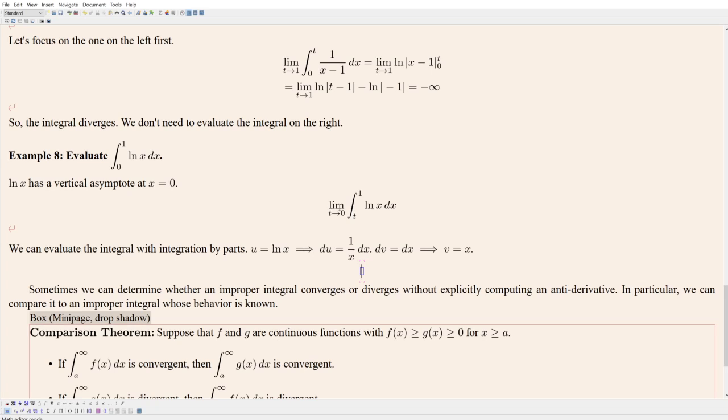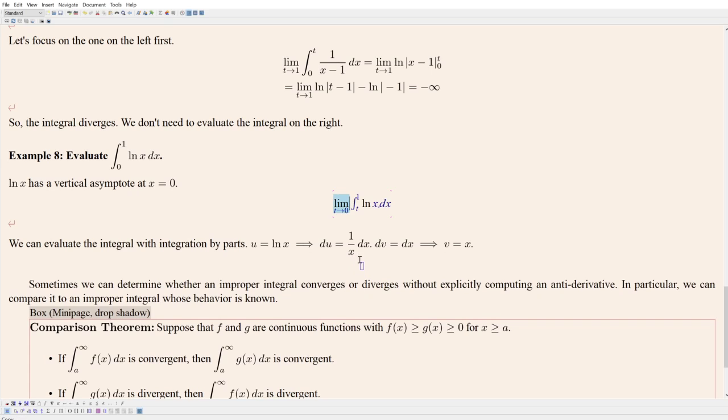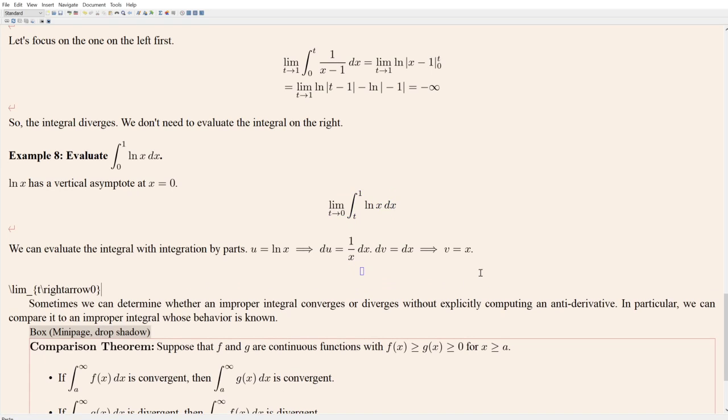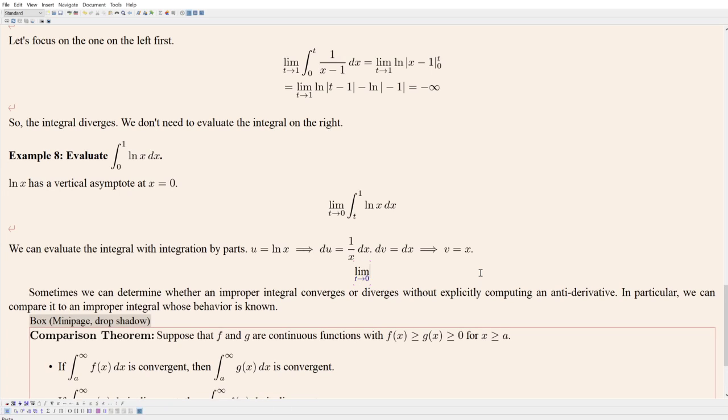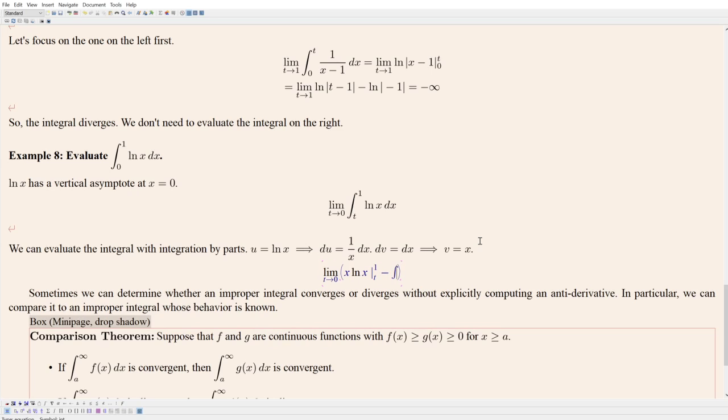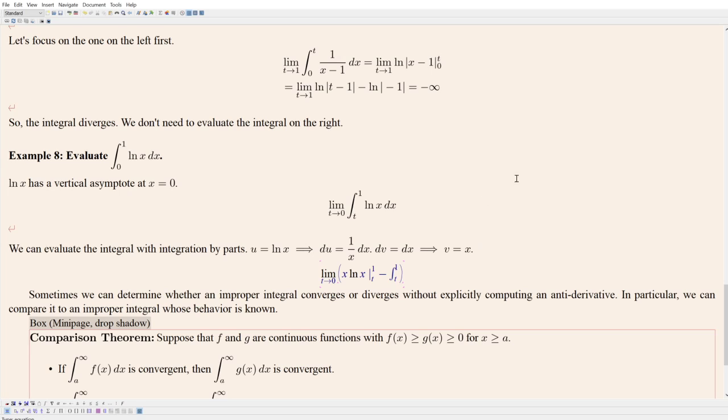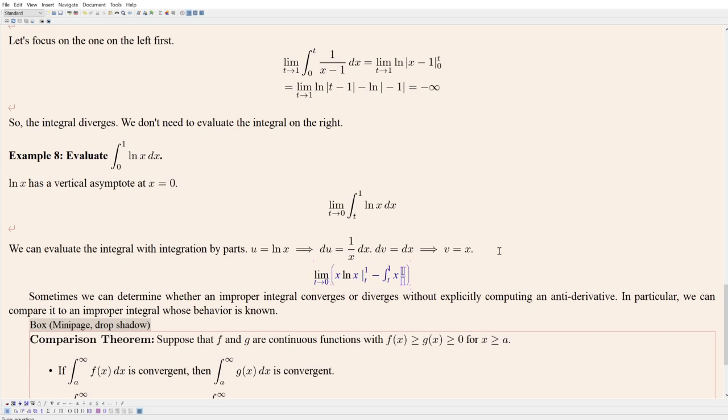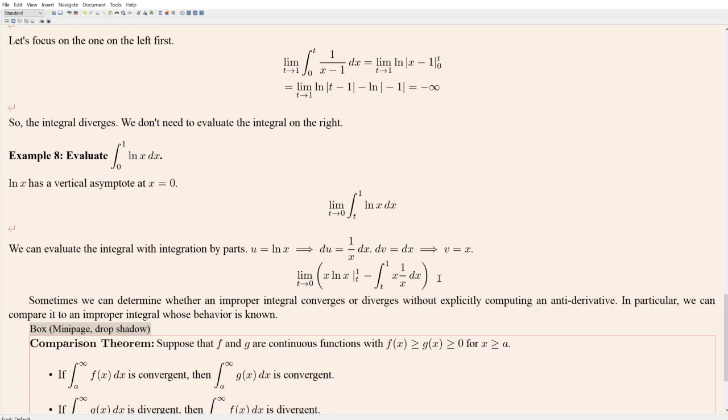So plugging all of that in, uv, so that's x log x, evaluated between t and 1, minus integral v, which is x, du, which is 1 over x dx. Oh, well, how interesting. x and 1 over x, those guys cancel each other.